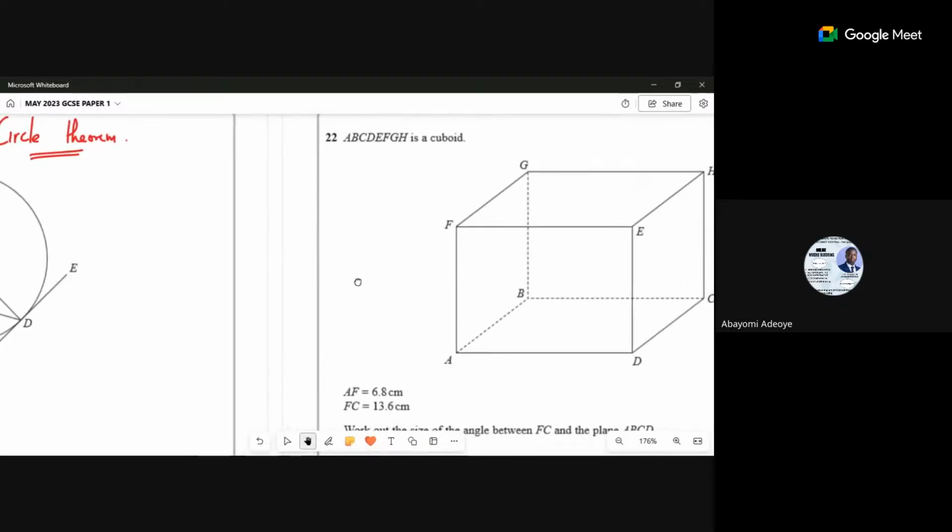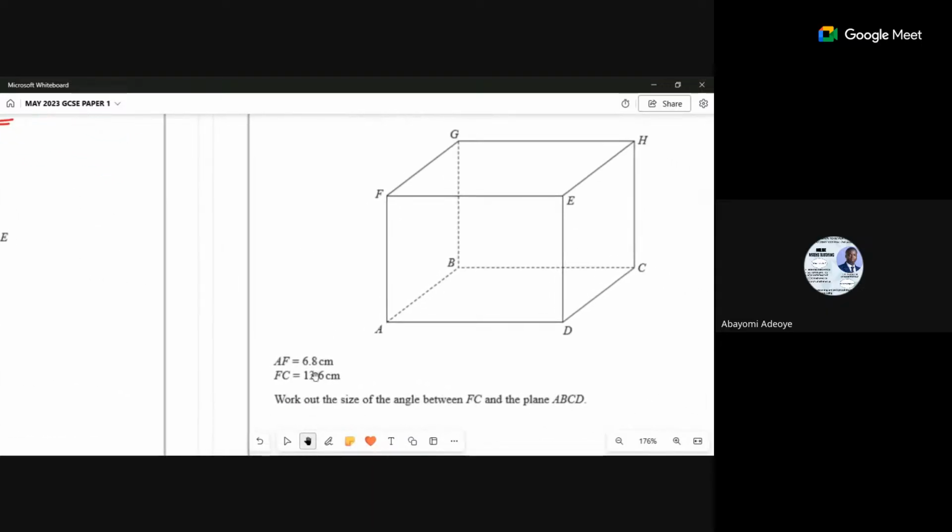AF is 6.8 and FC is 13.6. All right, so the question says you should find the angle between FC and the ABCD plane.